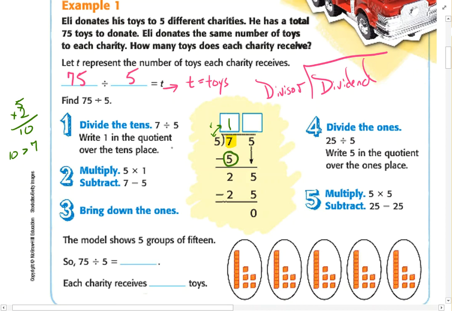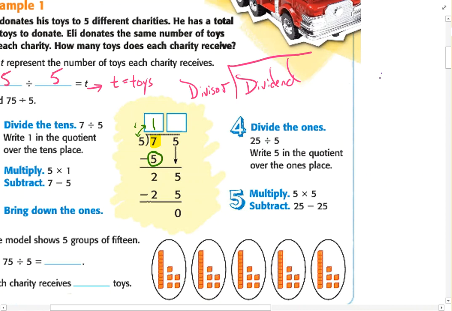Now I subtract. A way to keep your order of steps is to slide over just a little bit and say divide, multiply, subtract, bring down, and then we repeat. So again, our order is divide, multiply, subtract, bring down, and then I am repeating.